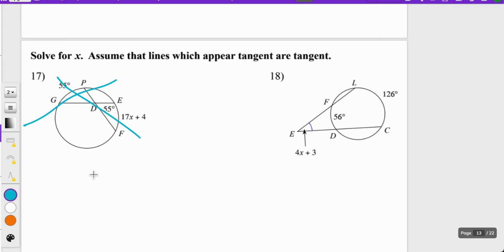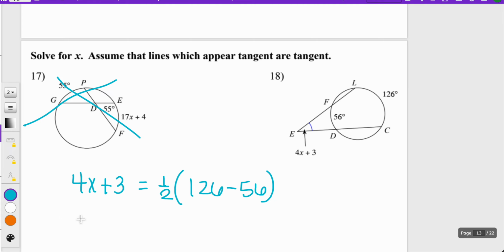For the first one, we're going to say that 4x plus 3 can be equal to 1/2 of your major, 126, minus your minor, 56, okay?